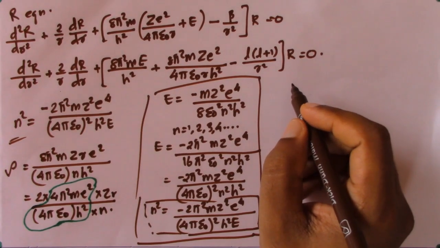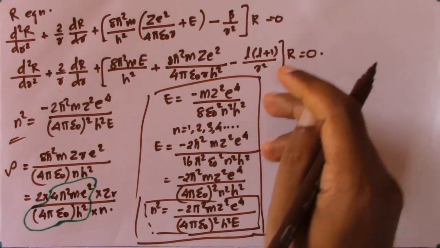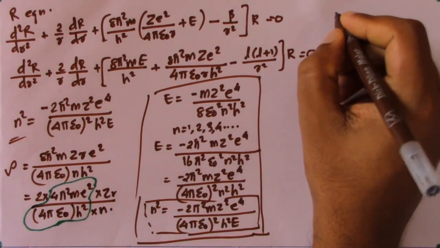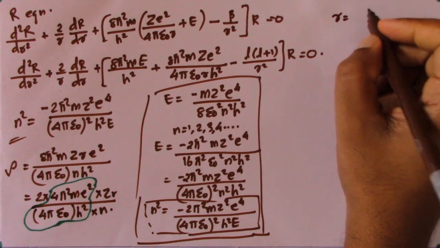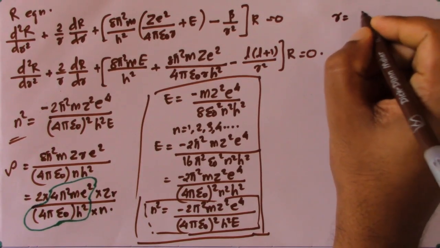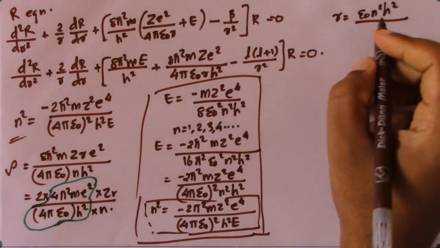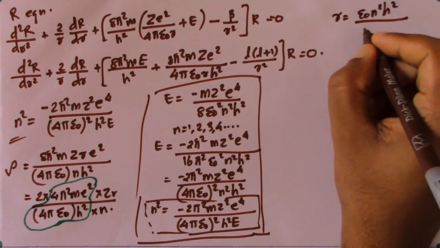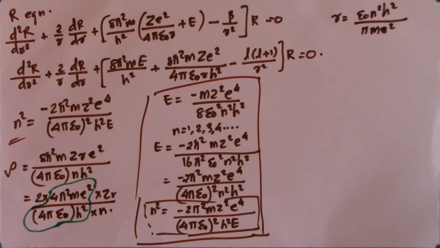And you have learned while you were learning the Bohr model that the radius of the nth orbit r is equal to epsilon 0 n square h square divided by pi m e square. You have learned this already by learning the Bohr model.